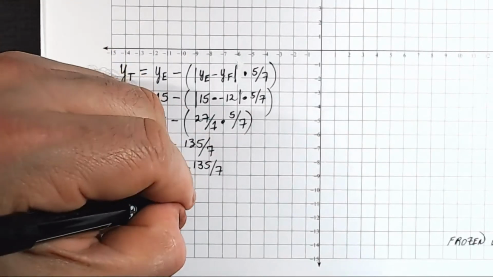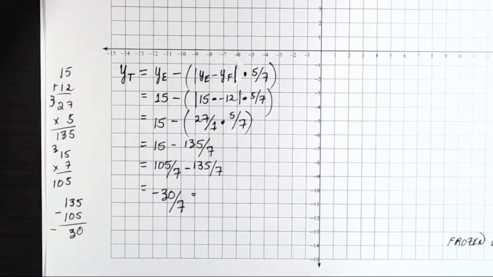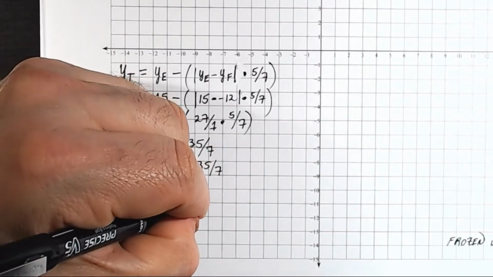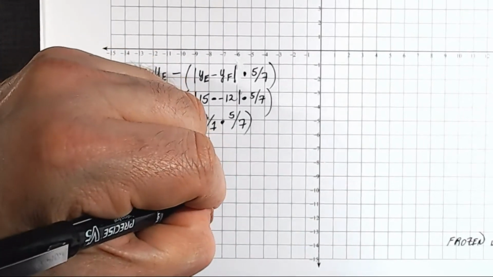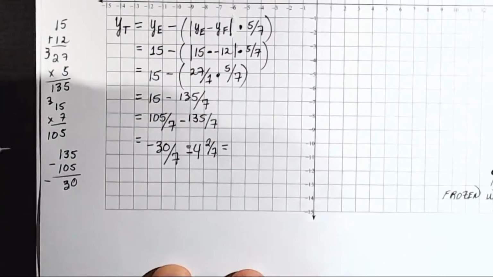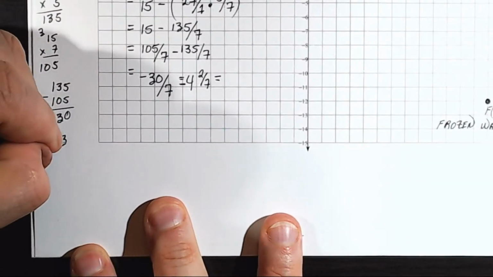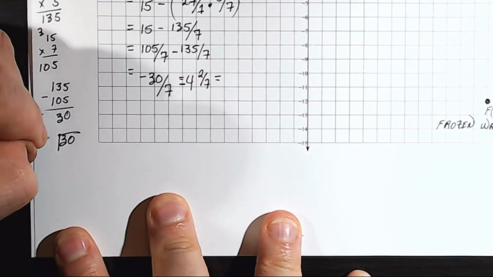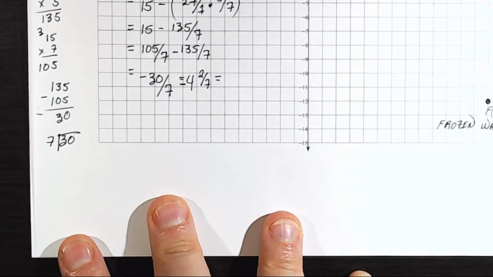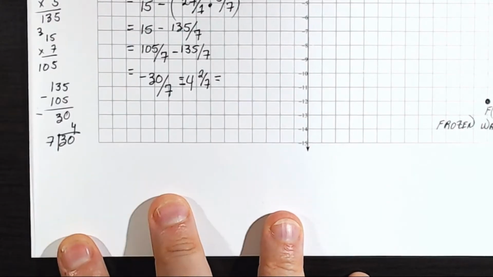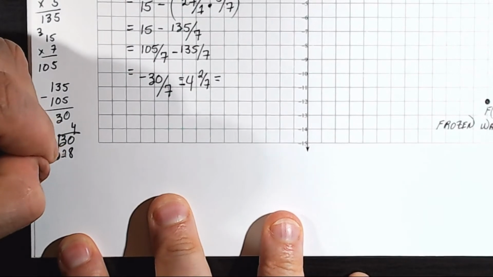Well, what is that as a mixed fraction? 7 goes into 30 4 times, with 2 as a remainder, so -4 2/7. Well, what is that as a decimal? Well, let's try 30 divided by 7. Okay, let's see what we get. 7 goes into 30 4 times. 4 times 7 is 28.